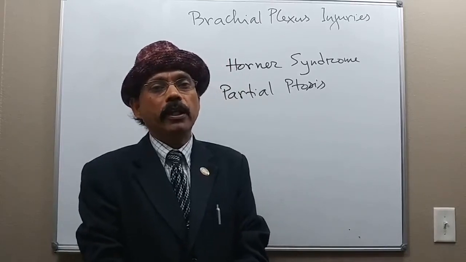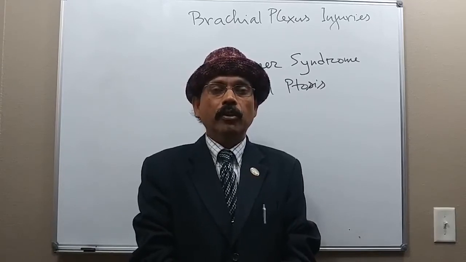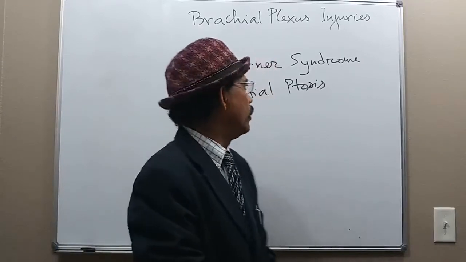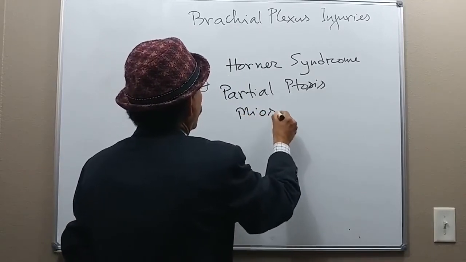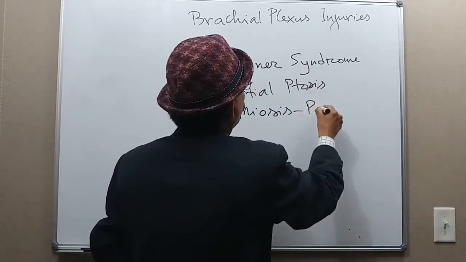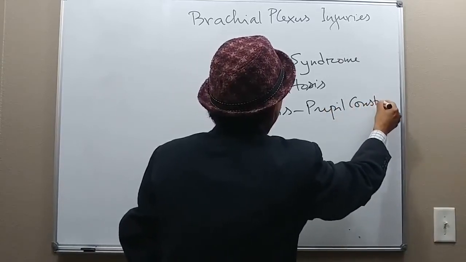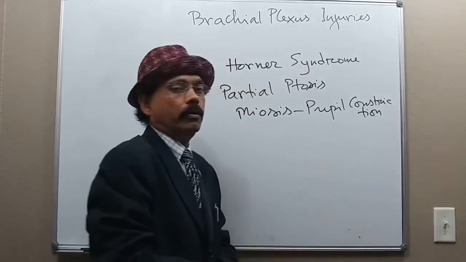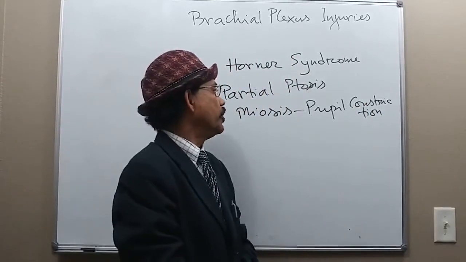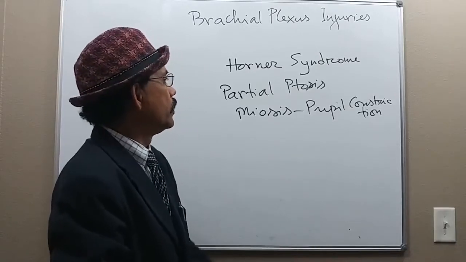The dilator pupillae cannot dilate the pupil, then the sphincter pupillae will take upper hand, so there will be miosis or pupil constriction, because dilator pupillae cannot work, so sphincter pupillae will work and it causes pupil constriction.